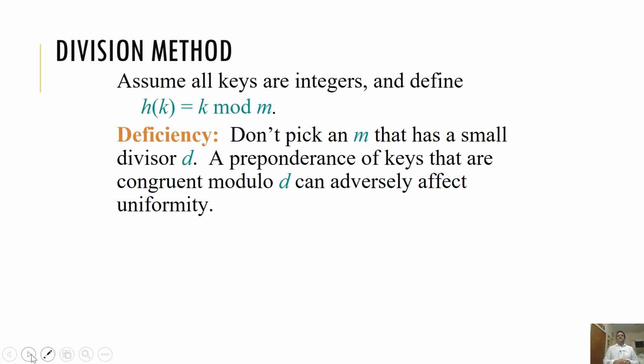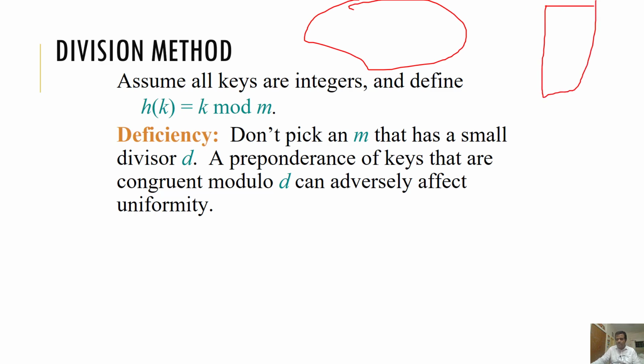Now let us take some examples of hash functions. Suppose our keys are integers of any length, big integers, which form the universe of keys, but we have a fixed table size m, with slots 0 to m minus 1.